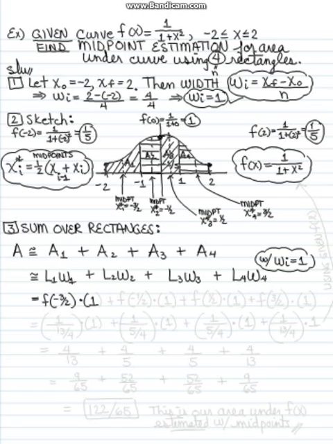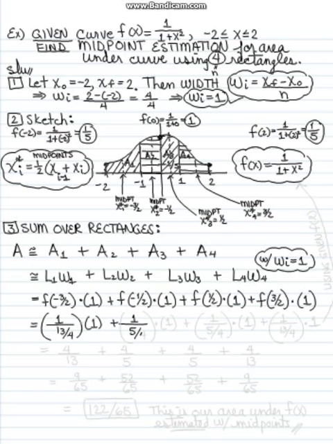Remember, w sub i is always equal to 1, so it's 1, plus the function evaluated at the next midpoint times the width 1, plus the function evaluated at the third midpoint times the width 1, and then the function evaluated at the last midpoint with the width 1. So actually evaluate the function with f of x equals 1 over 1 plus x squared, and you get these strange fractions times 1.